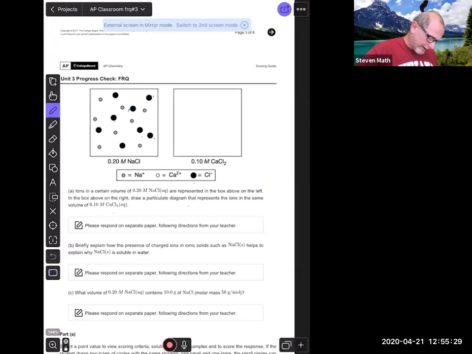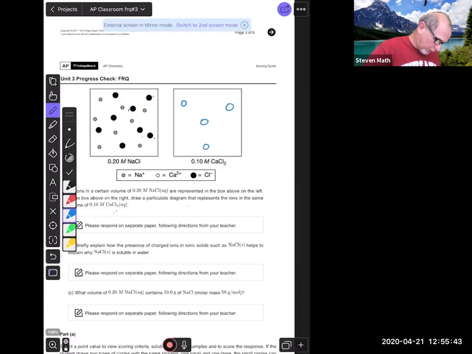So if it's half the volume but double the chlorine, then shouldn't the chlorines be the same? And so you would expect 1, 2, 3, 4 calciums, but then my chlorine, 1, 2, 3, 4, 5, 6, 7, 8.